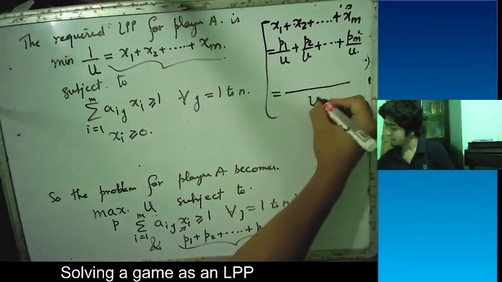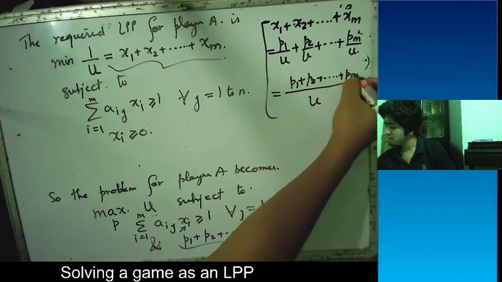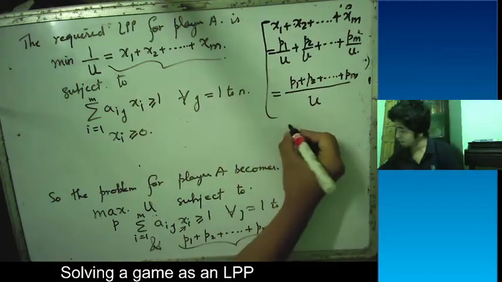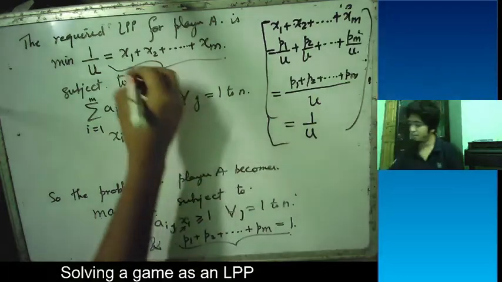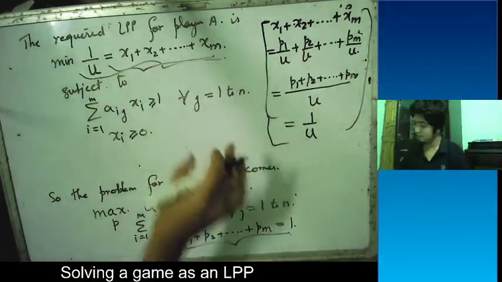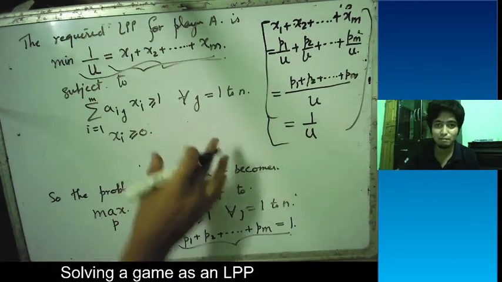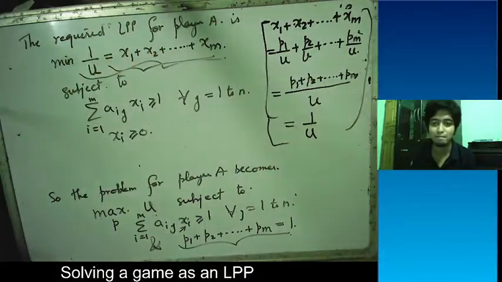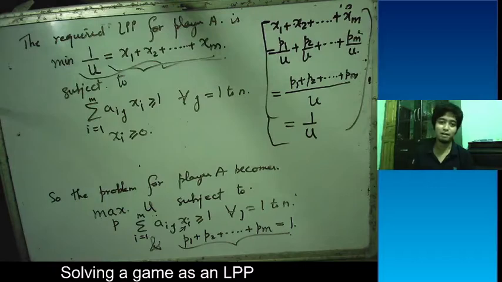So you will be getting this, which is equal to 1 upon u. So we are getting this line by using this. That's why we no longer need this one in the constraint, because we have already used it here. I hope that is clear. So this is the required LPP for player A.